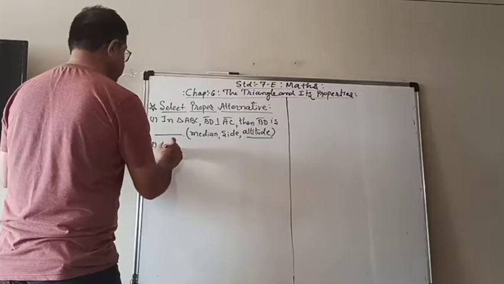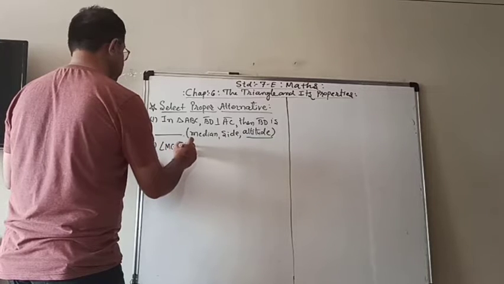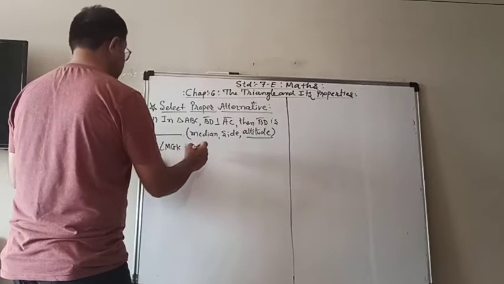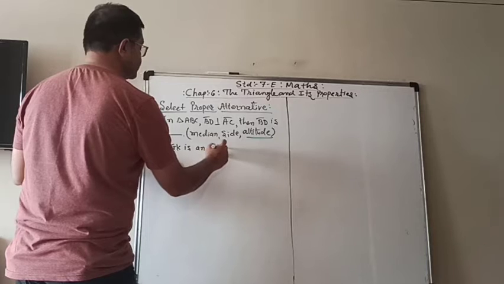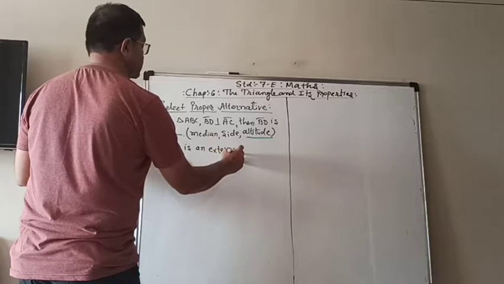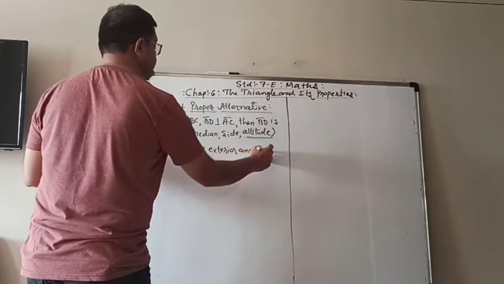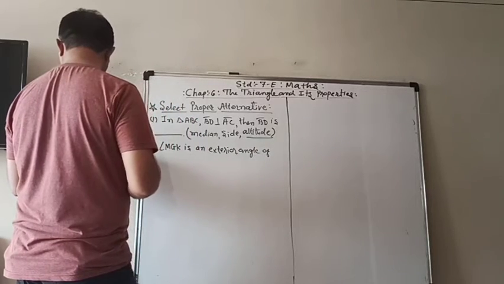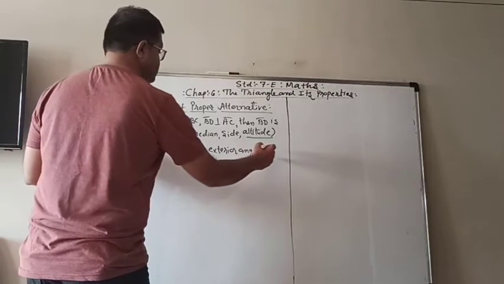Angle MGK is an exterior angle of triangle MIG.